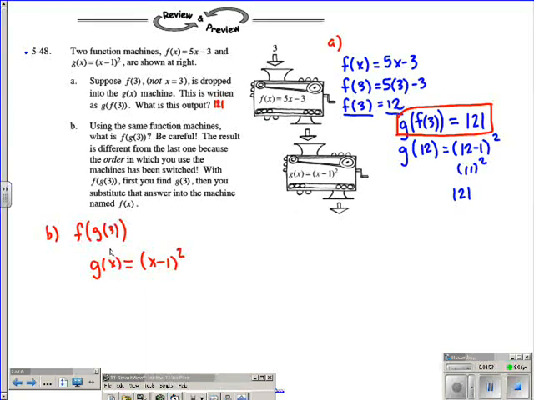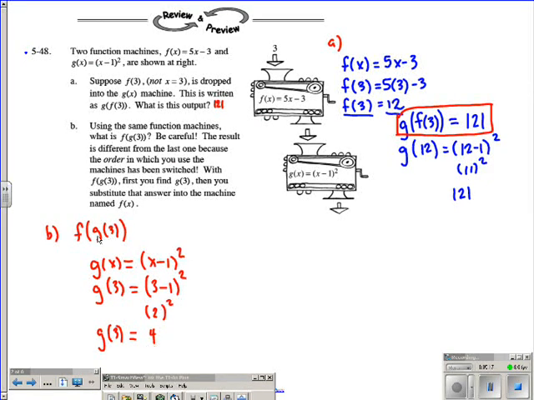We're replacing the x with the 3, so we're going to say function g of 3. We're going to have 3 minus 1 squared. 3 minus 1 is 2. So we have 2 squared, which is 4. So our function g of 3 is equal to 4.